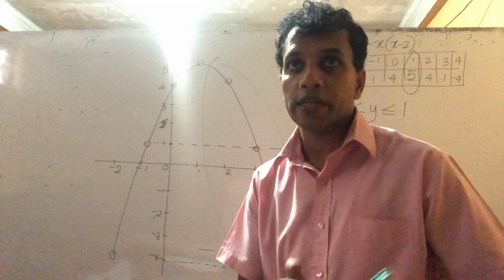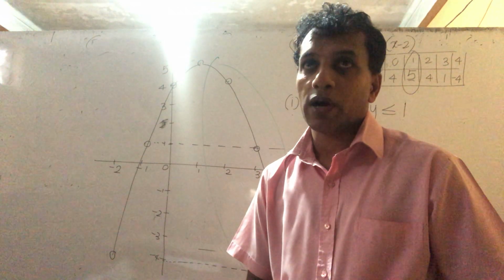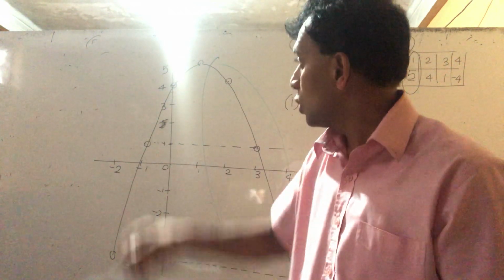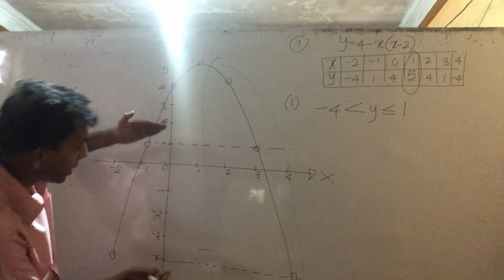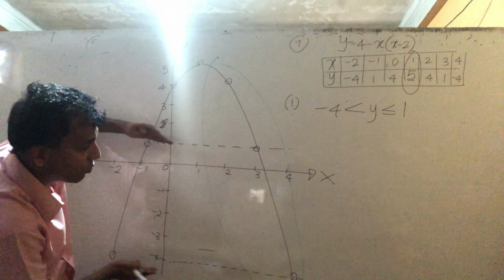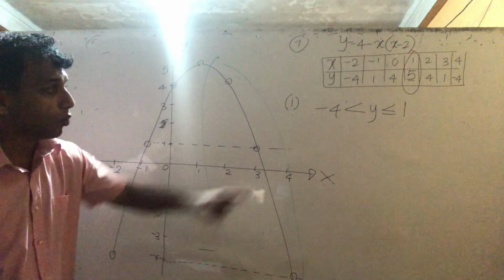You can't bound that, so that's a wrong part. That's why they ask for other conditions, not only decreasing but also between 1 and minus 4. y between 1 and minus 4 is the boundary.